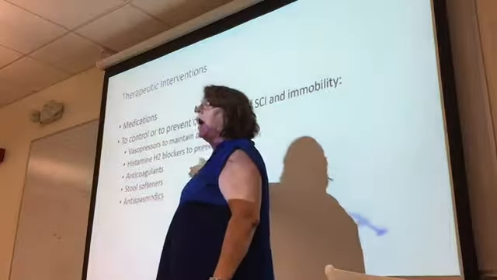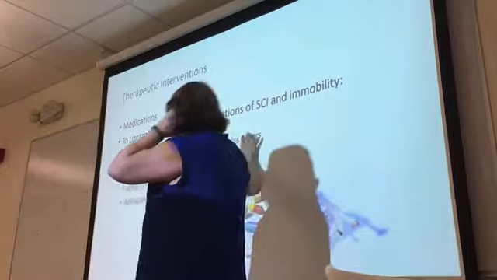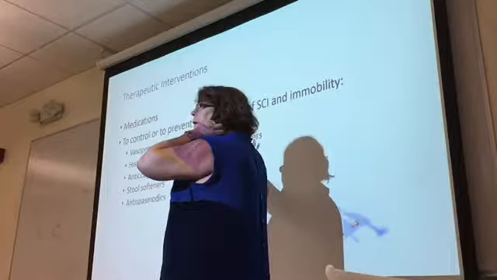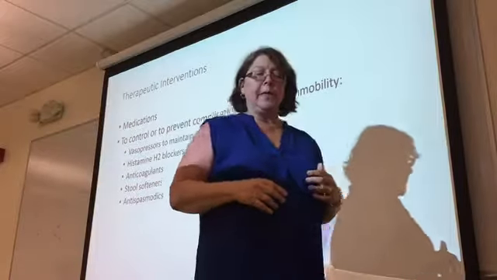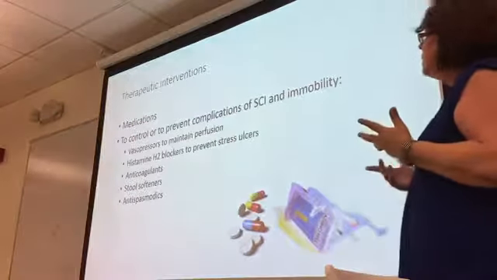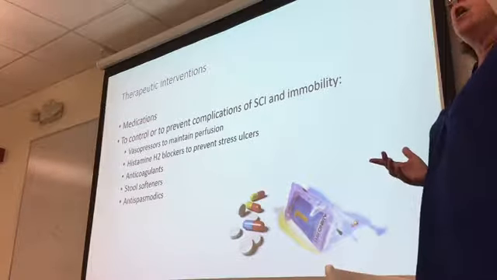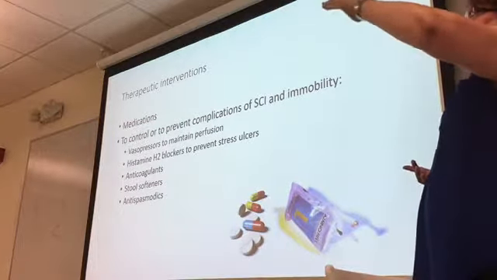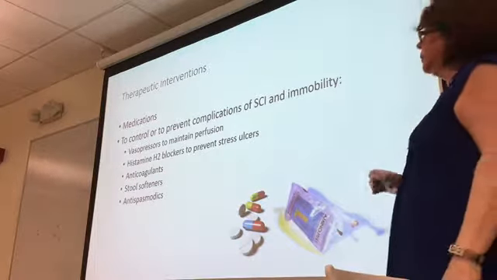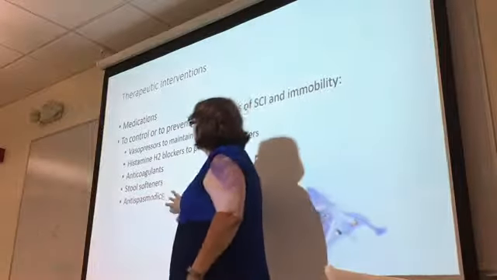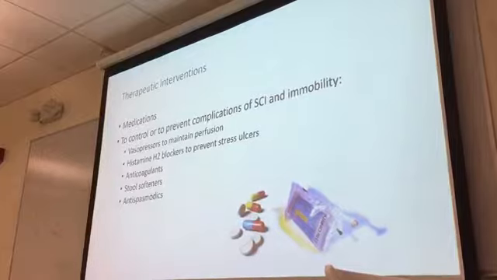So if they did have a DVT, yes, anticoagulation meds, H2 blocker to prevent stress ulcer, and if they had problems with orthostatic hypotension, we may put them on a vasopressor. But basically, there's not a lot of meds, with the exception of IV methylprednisolone in the emergency room to decrease swelling. So that was probably the other one that I would add here. But basically, you can see there's not a lot of meds for spinal cord.